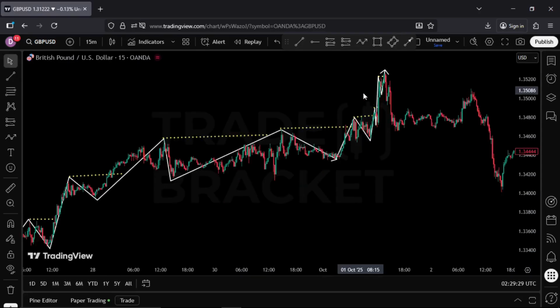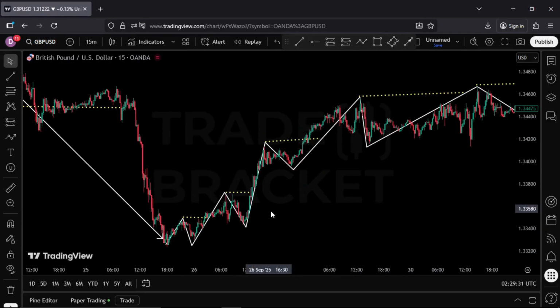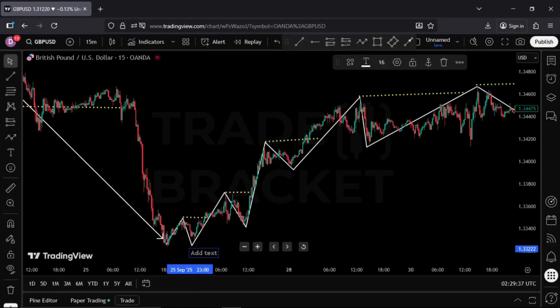All right, so let me go down now and mark the structure point. So this right here will be our higher low. All right. And since I don't want to do it again, I'm just going to copy and paste. Okay, Control C, Control V a couple of times.